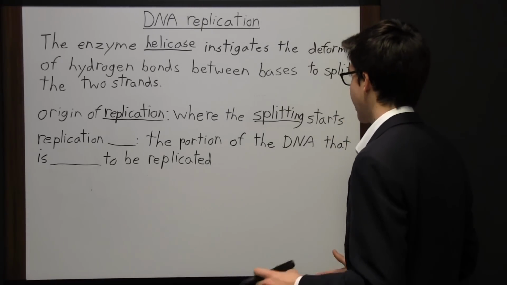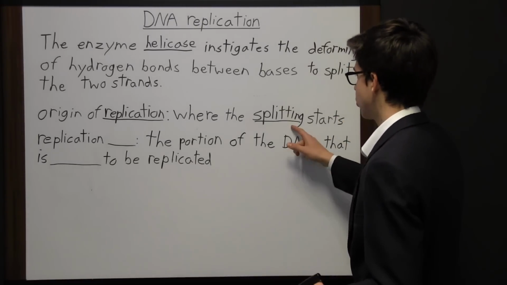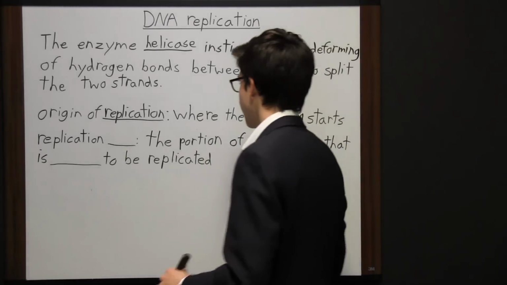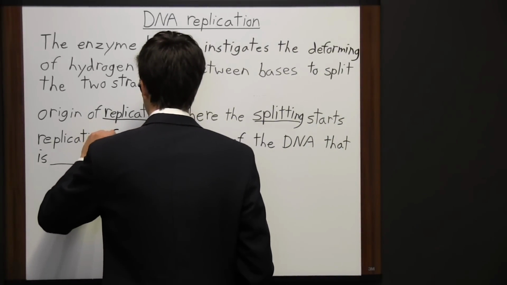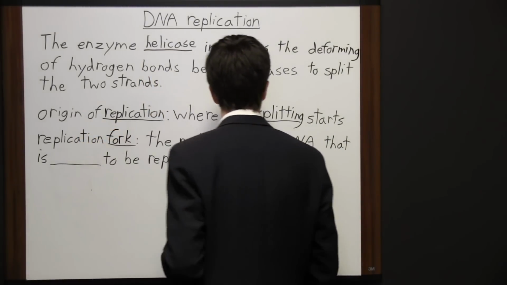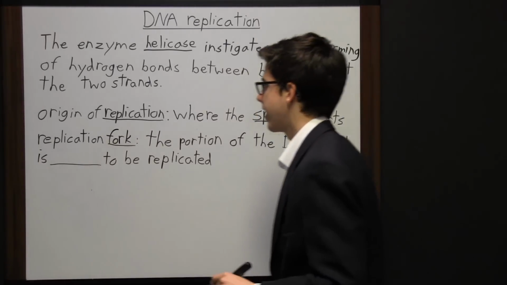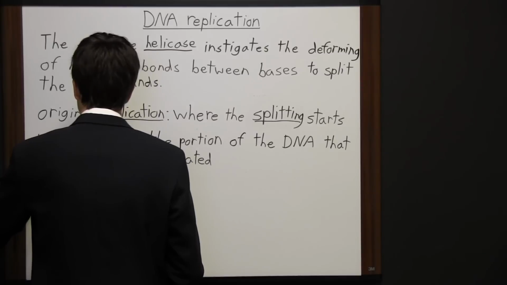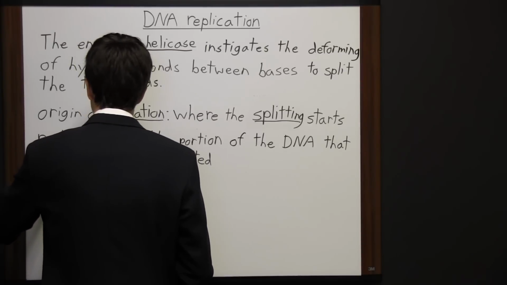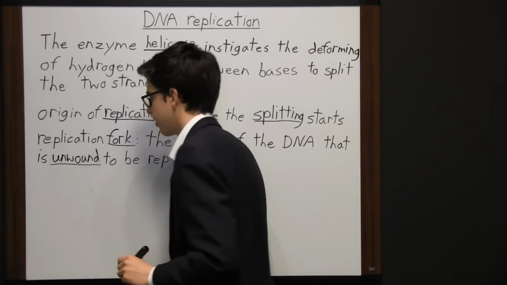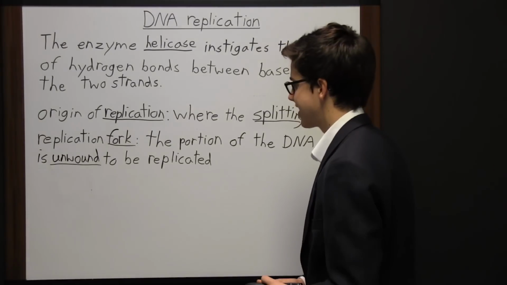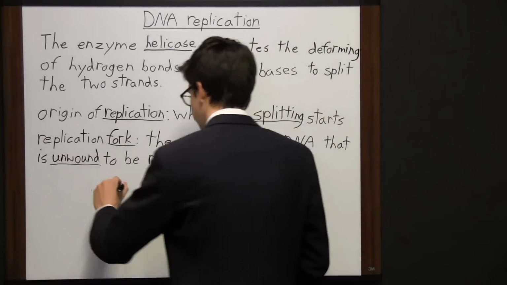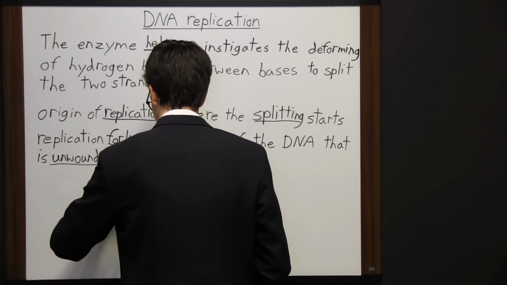So the origin of replication is wherever the splitting of the two strands begins. And then we have the replication fork. This is the portion of the DNA that is unwound to be replicated.